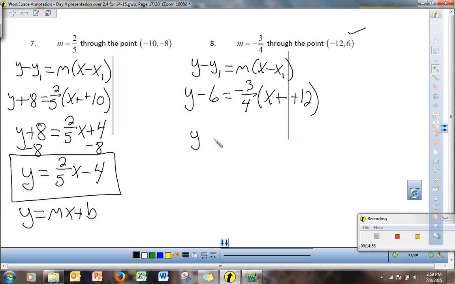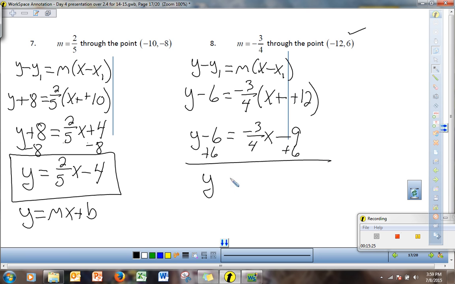So now I've got y minus 6 equal negative 3/4 x. And in your brain or your head, negative 3/4 times positive 12, a negative times a positive is a negative. 4 goes into 12 3 times, 3 is 9. And then to bring it home, add 6 to both sides. So my ending answer, y equal negative 3/4 x minus 3.